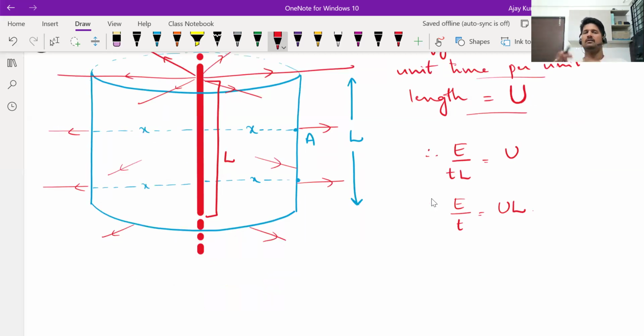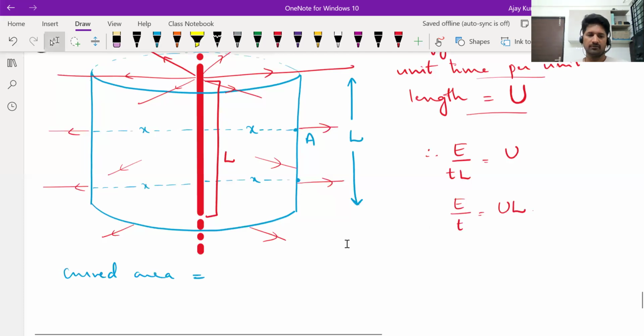So we know energy per unit time. Now tell me, what is the formula for the curved surface area of a cylinder?